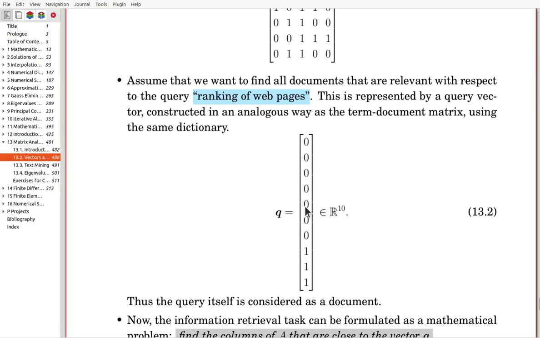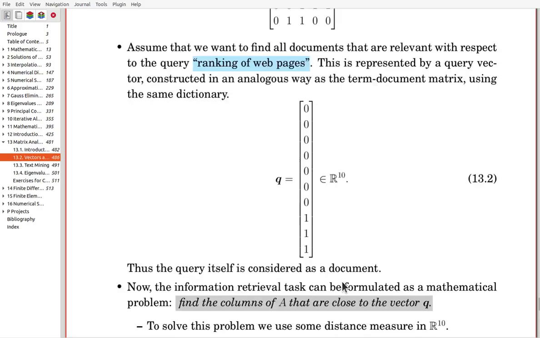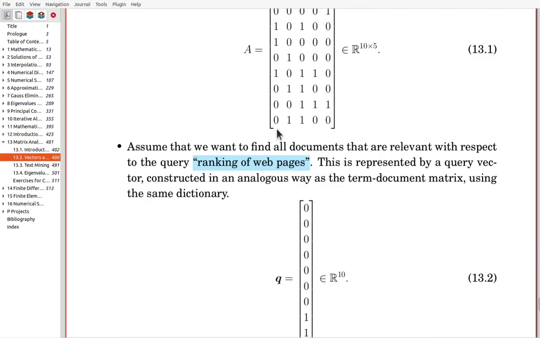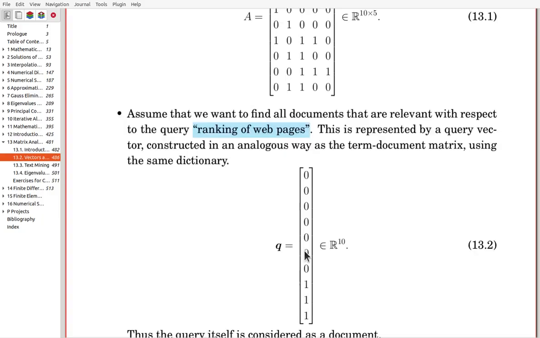So that is exactly this one. The query itself can be considered as a document in a sense. But anyway, the query is a vector, and also each document is again a vector.